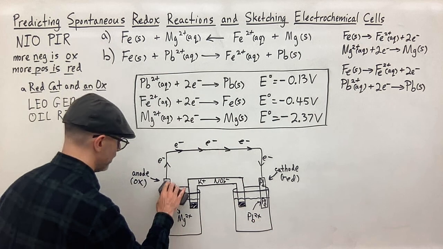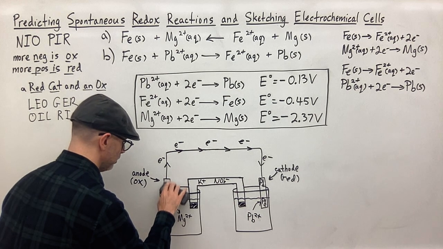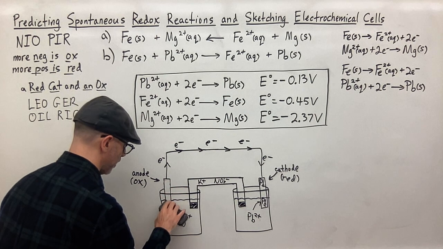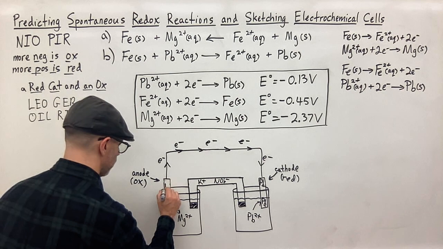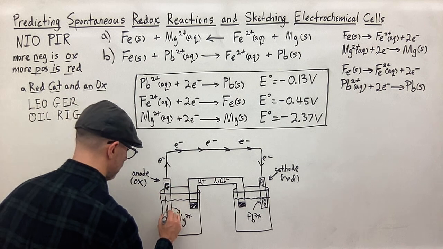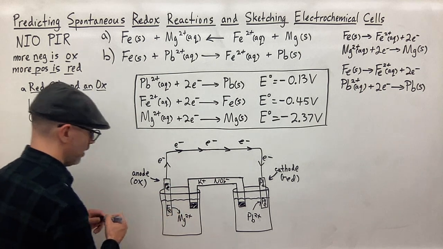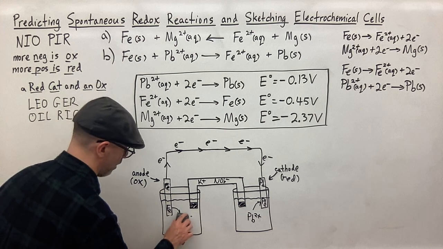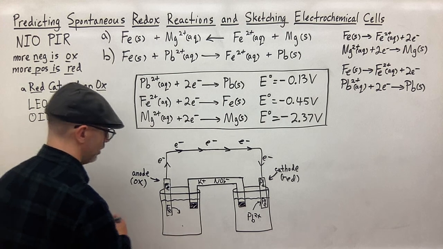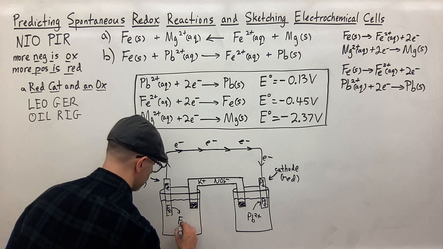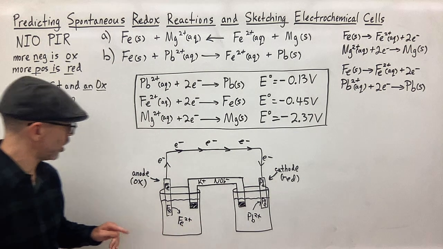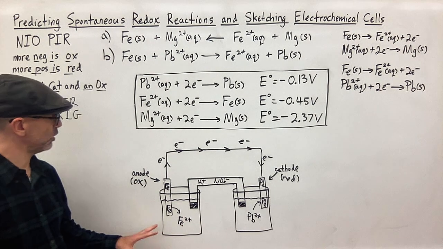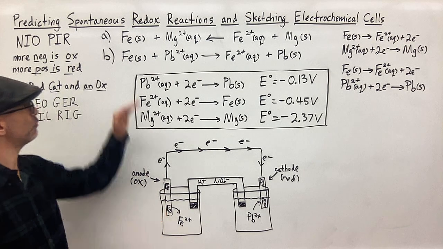And then in this electrode, this is going to be our anode. The anode is going to be iron. So here we have iron, and here we're not going to have magnesium. We're going to have the iron 2+ ions. And so this is the way it would be for the spontaneous reaction for B.